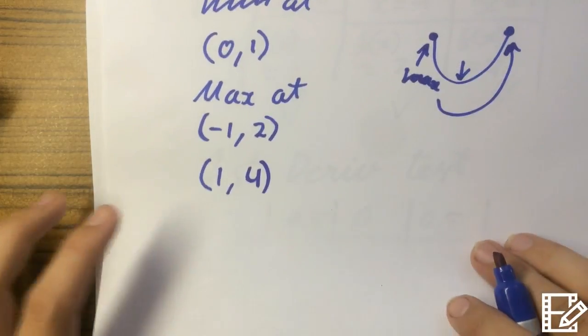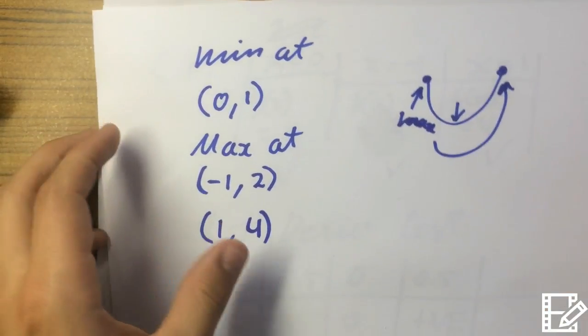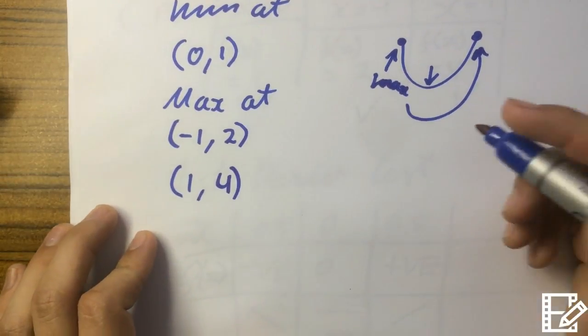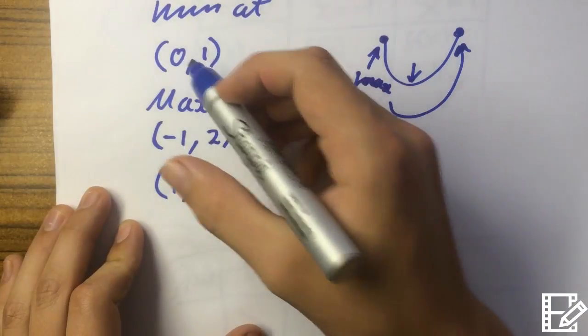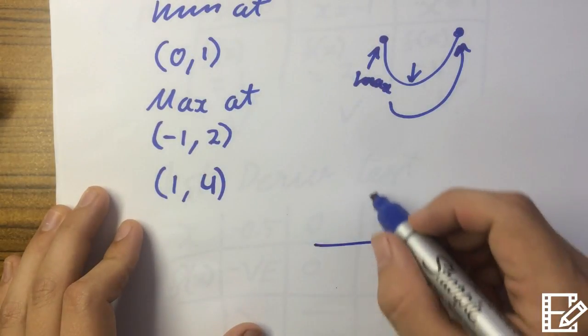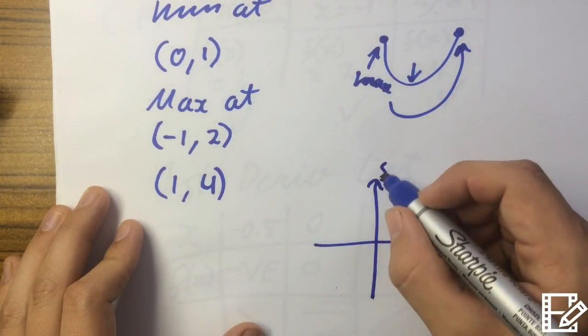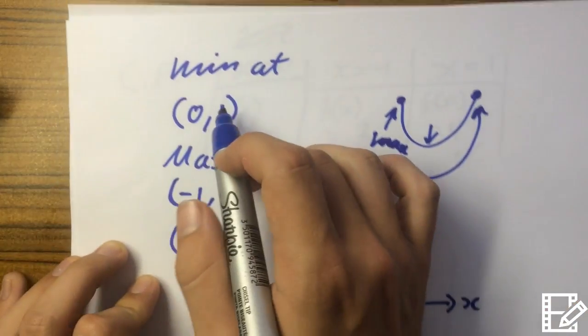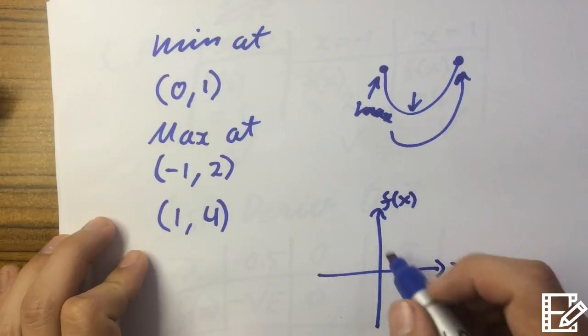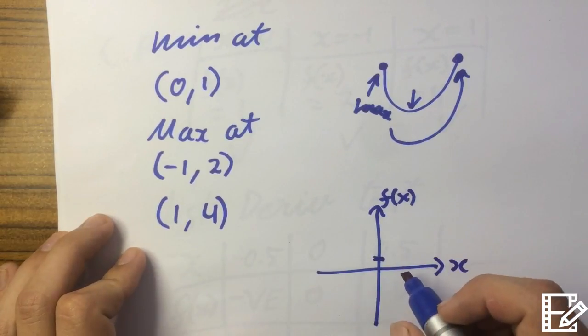Now, judging by what we have here, we can make a new graph. I'll show you what the real graph looks like in a minute. Here's the function, f(x), and we have our x values, and it starts at f(x) equals 1, so it'll start here.